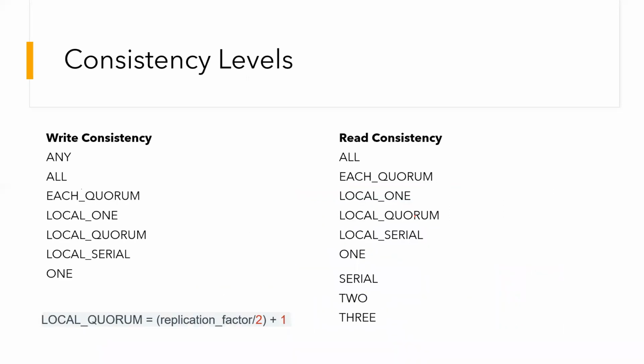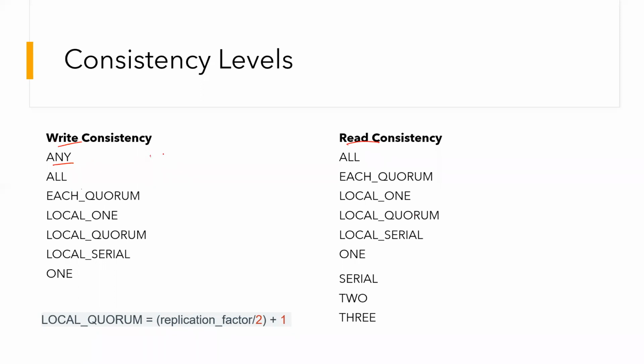So I was talking about consistency levels. There are various consistency levels that you define for a write and a read. So ANY is something where you wrote to multiple nodes and you are okay if the write completes in at least any of the nodes.